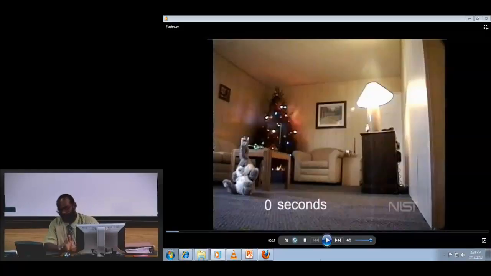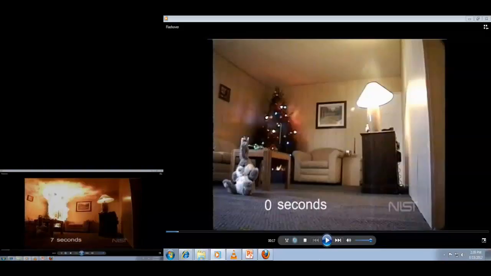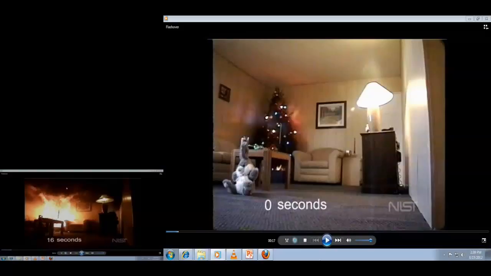Okay, so first of all, you're thinking about how long might it take before this is untenable. Let's go through this video and try to understand that. So as this tree is ignited, you see that a dry tree quickly ignites, and then you see the products of combustion quickly lift up and envelop the ceiling area of this structure.